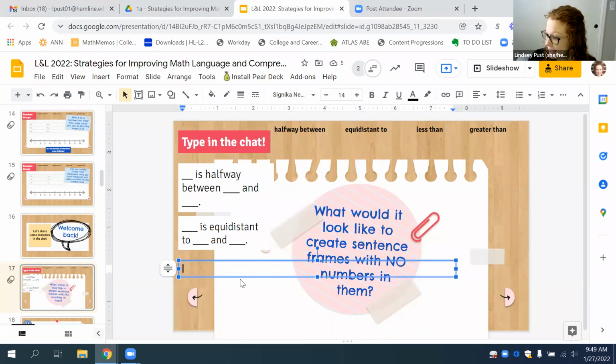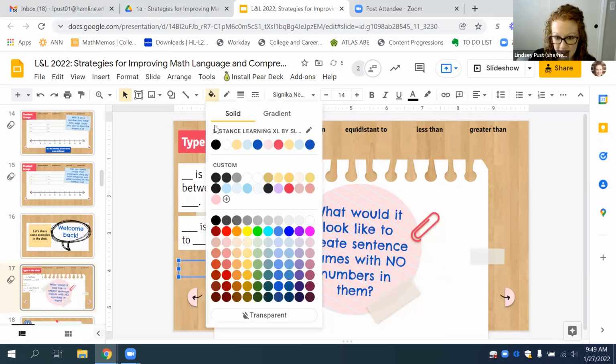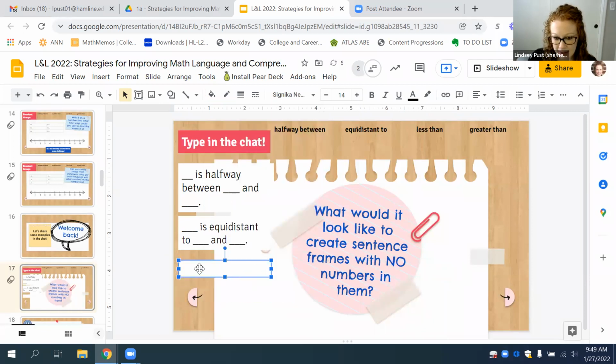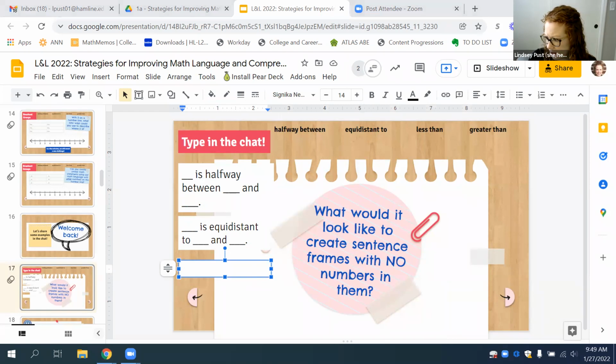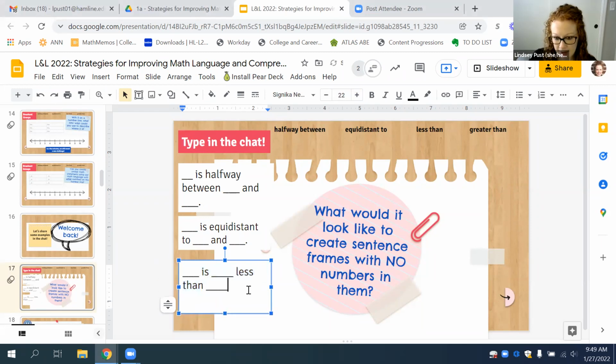We could say blank is blank spaces less than, right? We're talking about whole numbers. Okay, and then the last one, what about greater than? Oh, Mara, I see another one.